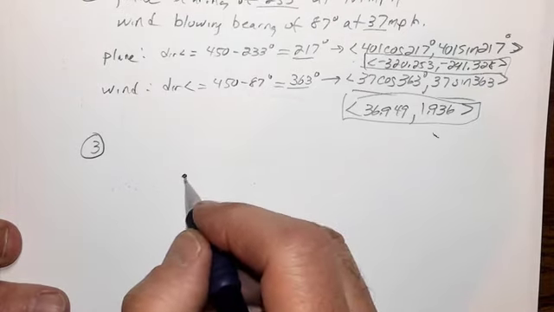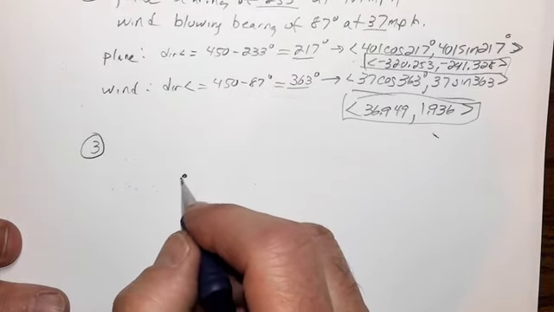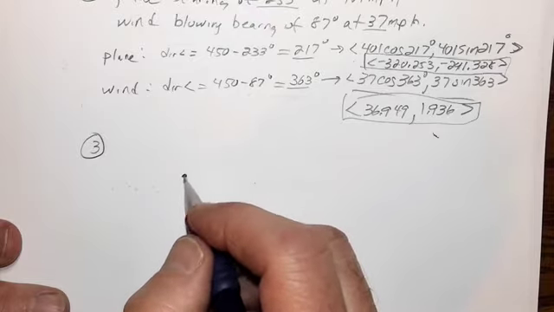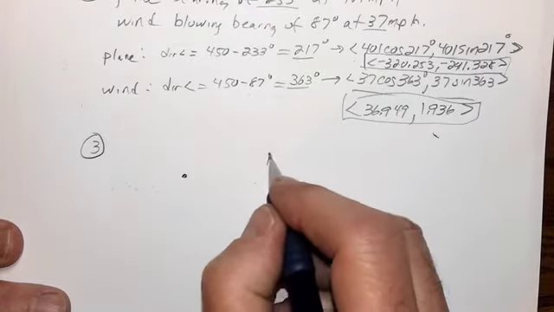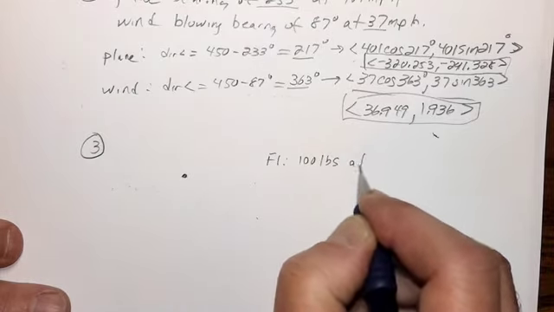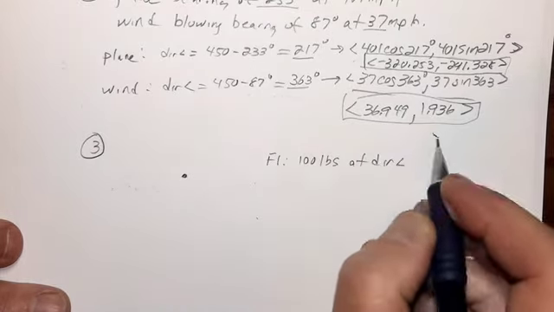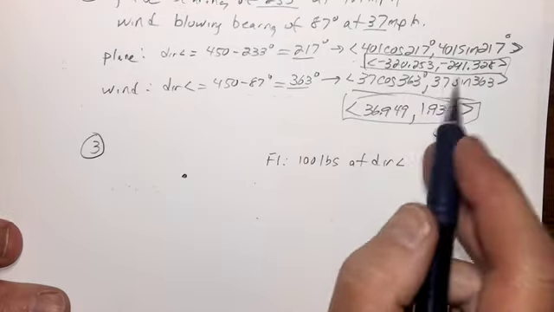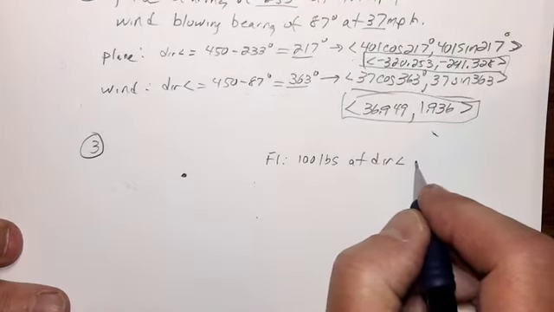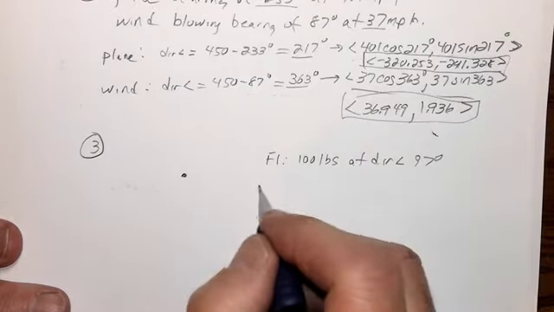Let's say that force 1 is 100 pounds at a direction angle. Now make note of that. It's a direction angle, so we don't have to do any of this bearing stuff. Direction angle of 97 degrees.